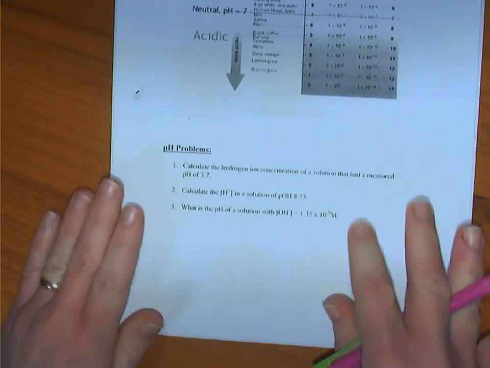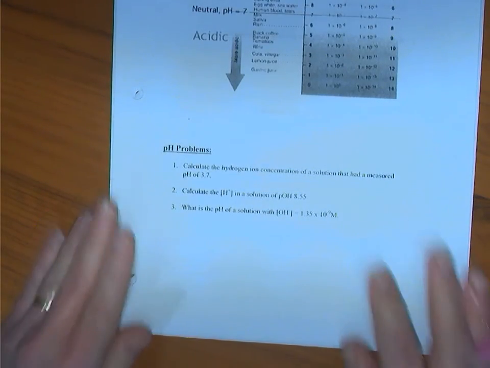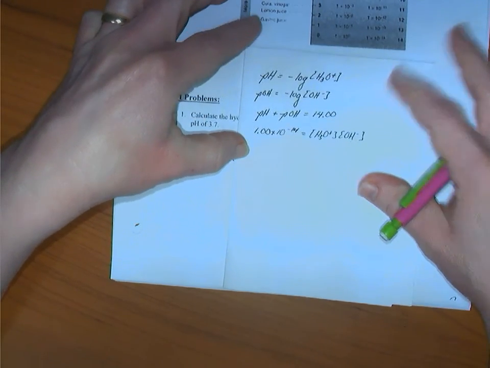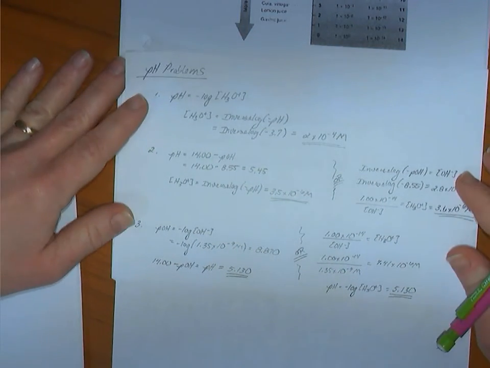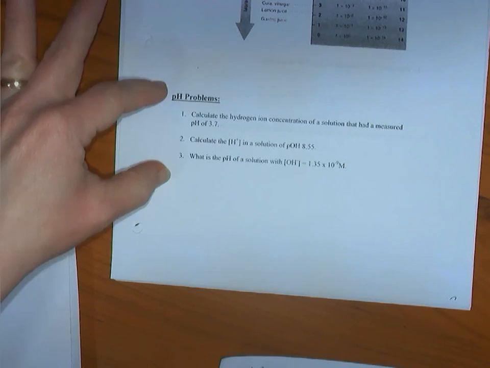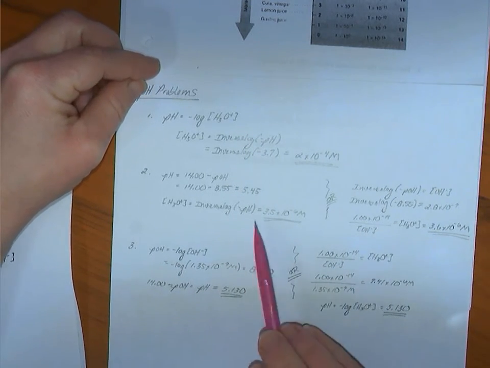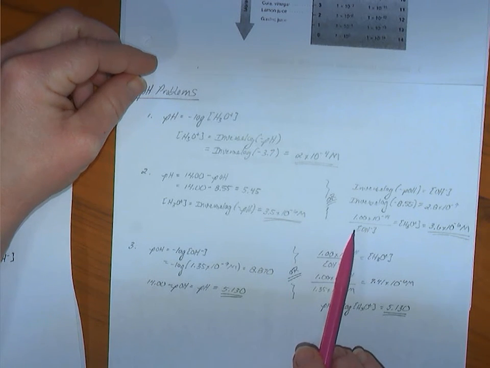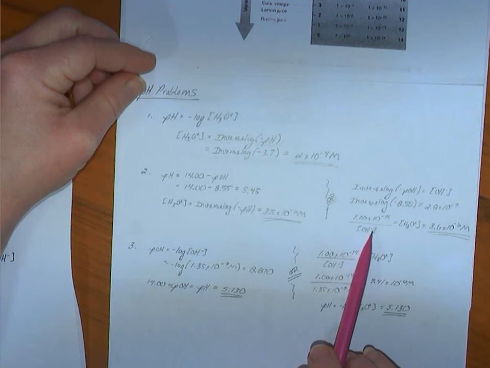Here are some other problems to try dealing with these go-to pH equations, and here would be my work and answers for these. Please do try these and then compare your answers. We often have a choice as to the path of problem solving, especially if more than one step is involved.